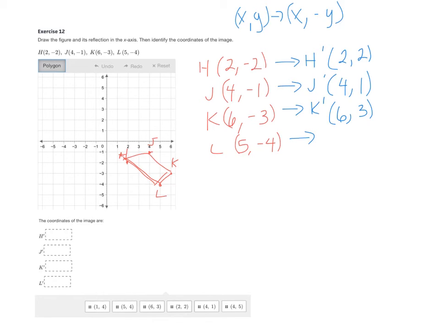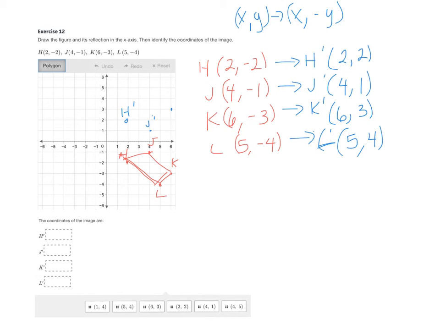And the last one, our x value stays the same. This is going to be L prime, which is going to be x stays the same, opposite of -4, which is +4. So let's graph it. So 2, 2 is there. That is H prime. 4, +1 is right there. That is our J prime. Then we've got 6, +3.